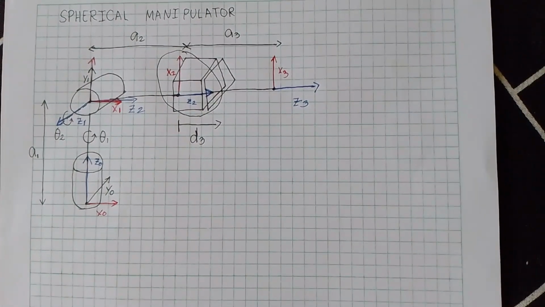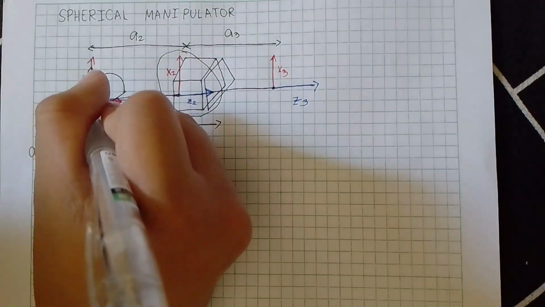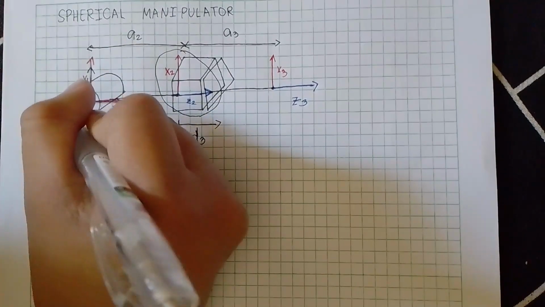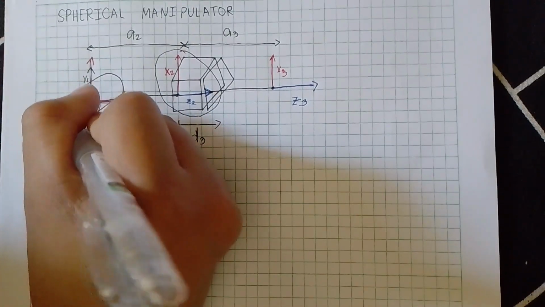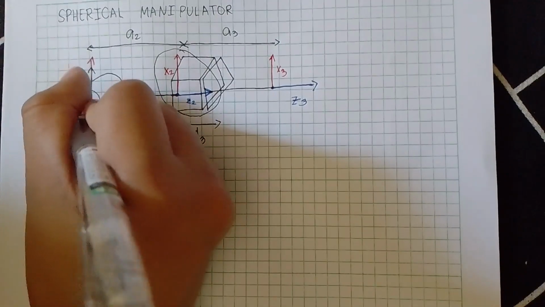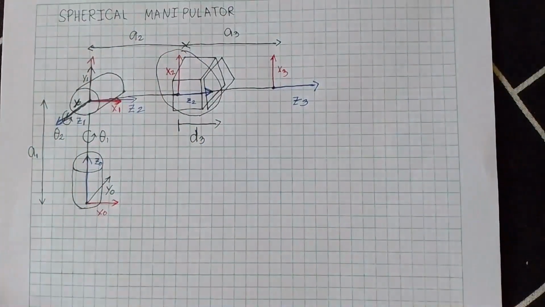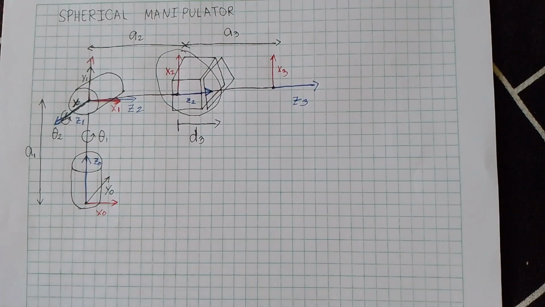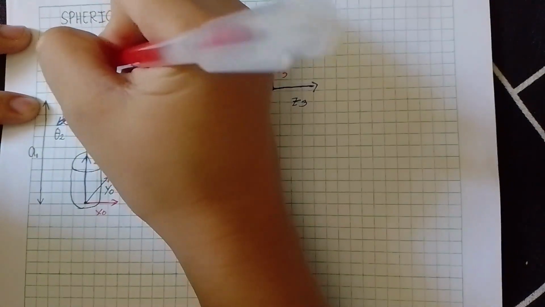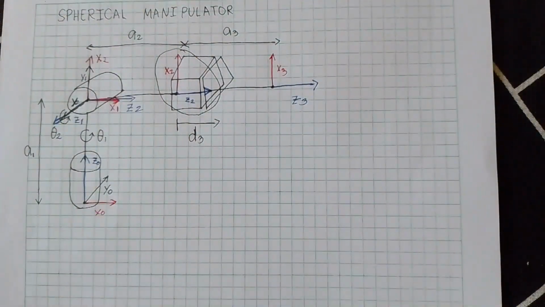Therefore, y sub 2 is pointing left downward. Y sub 2. Then this one is x sub 2. X sub 2.